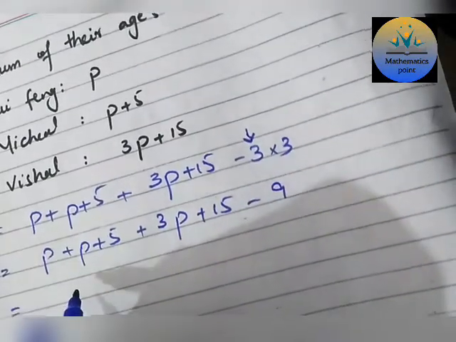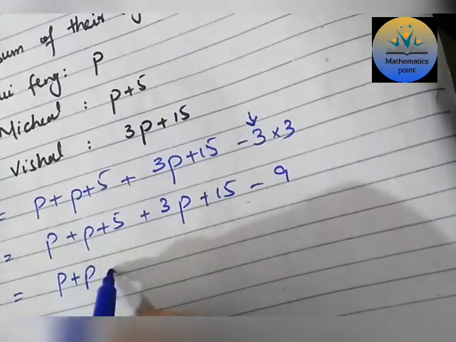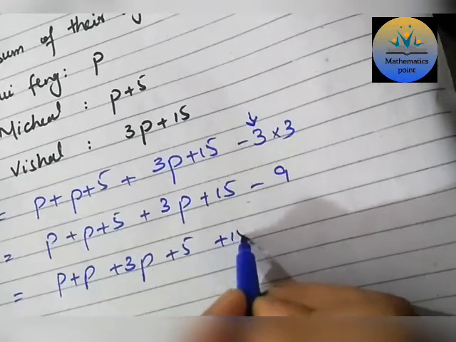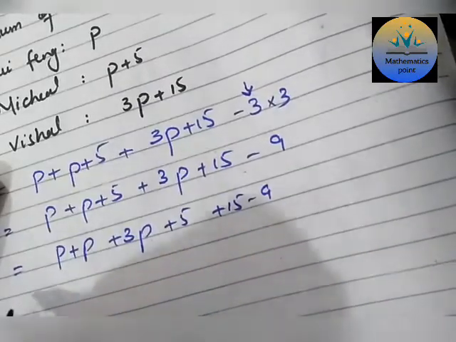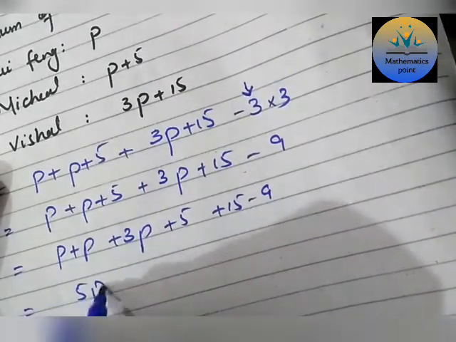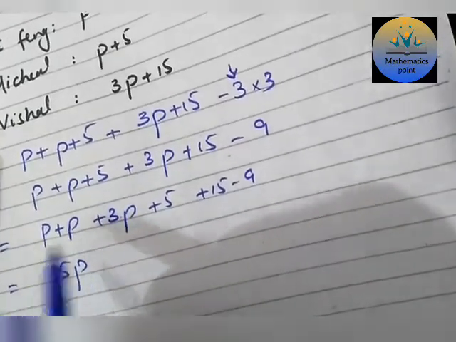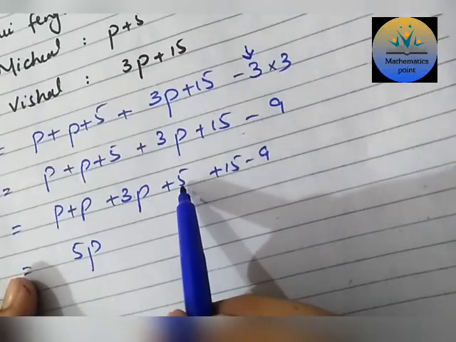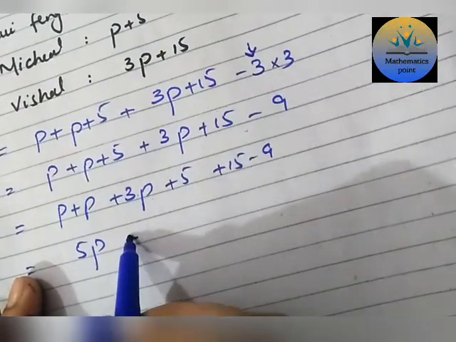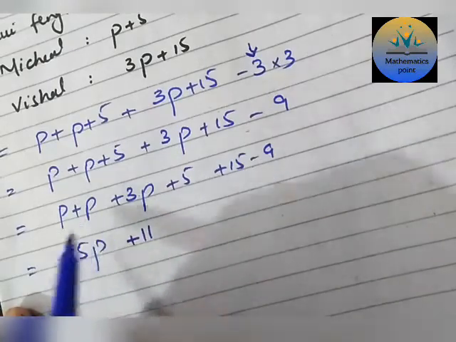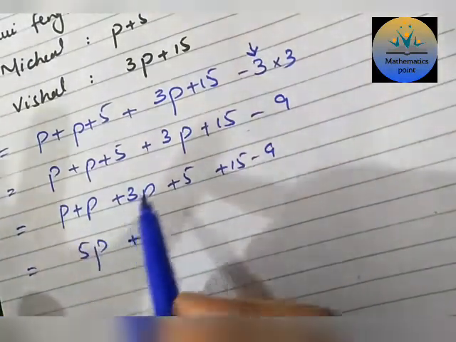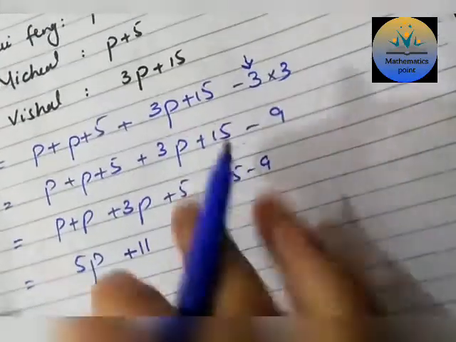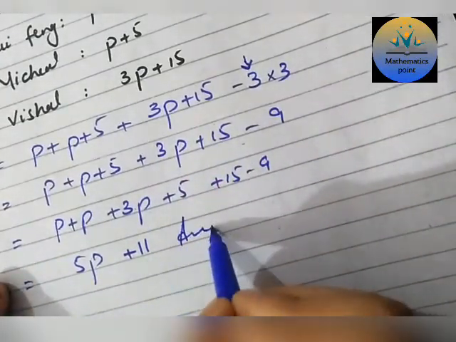Now write the p terms together: p plus p plus 3p is 5p, then the constants: 5 plus 15 is 20, minus 9 is 11. So the sum of their ages 3 years ago will be 5p plus 11. This is the answer of part 4.